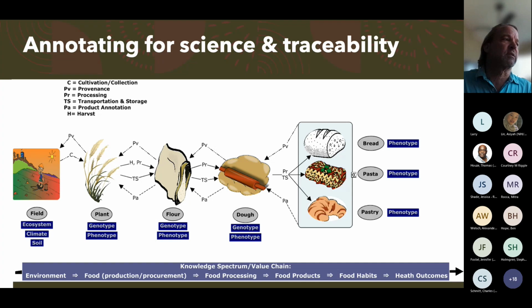So if we just look at this example, we can think of a field from a point of view of what that piece of land might be used for, land use decision making. We can think about what's going to be growing in that field, what we get from that crop, what we transform it into, and then ultimately what we eat.